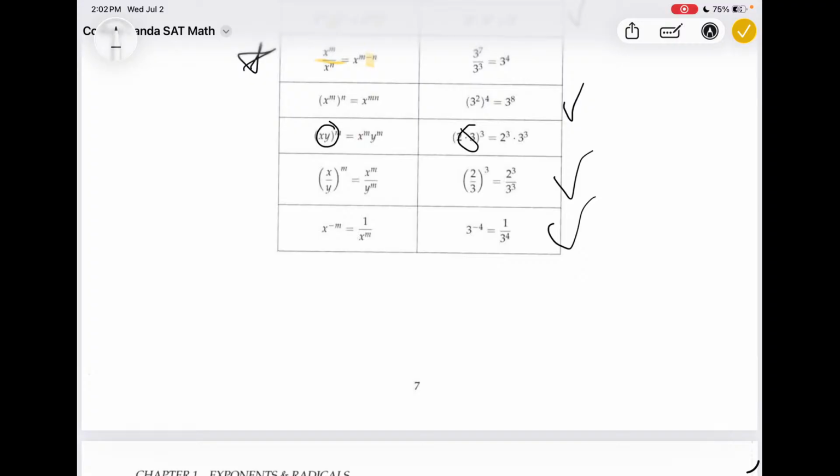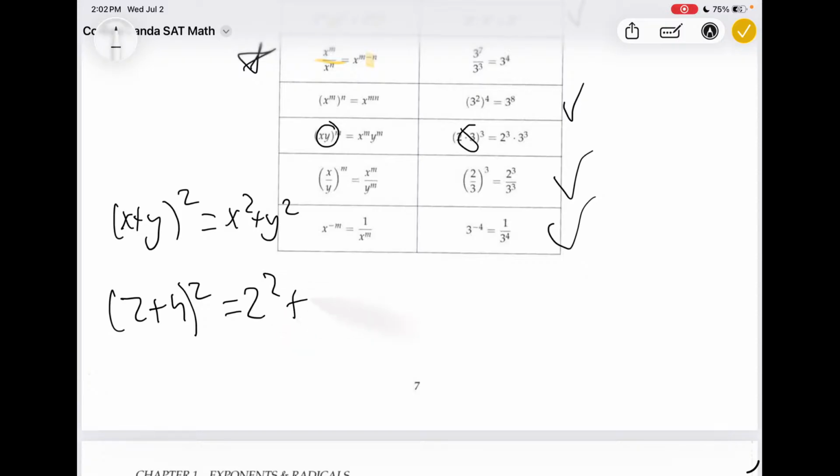I know if you do x plus y squared, it equals x squared plus y squared, I'm pretty sure. Maybe. Wait, hold up. 2 plus 4 squared equals 2 squared plus 4 squared.